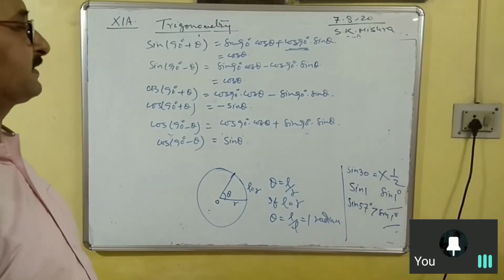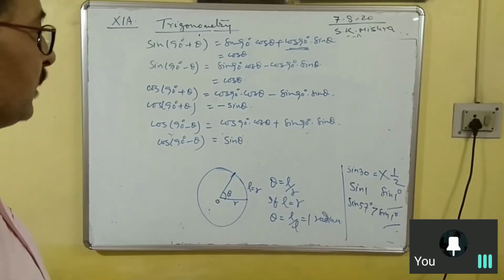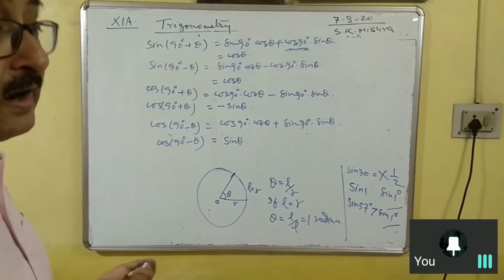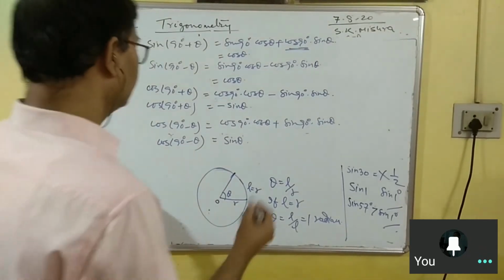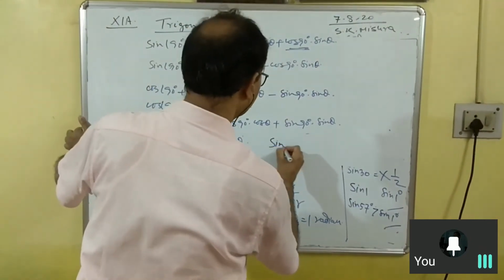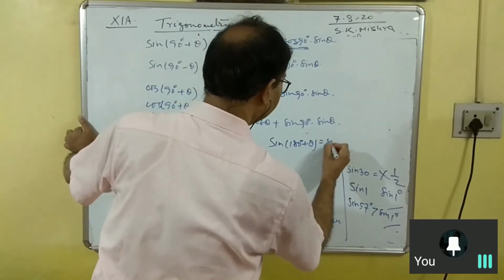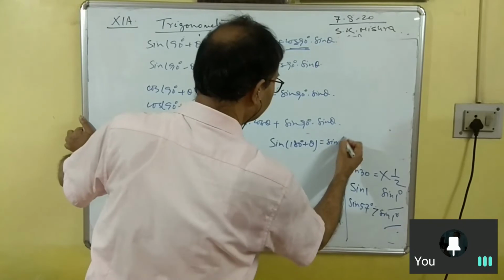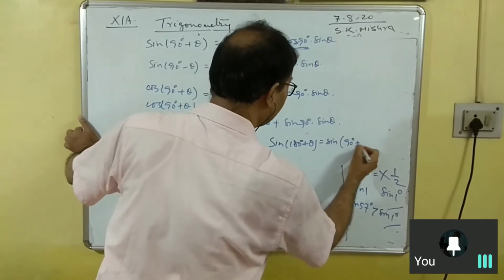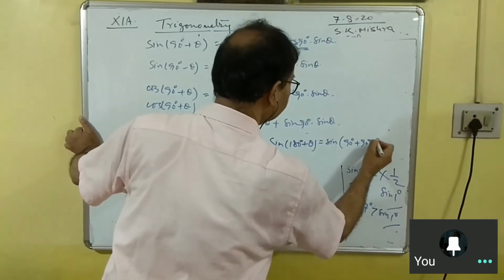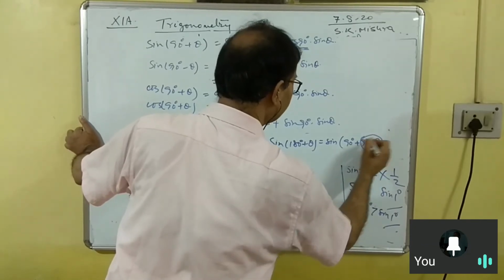Sin 90 plus theta is how much, cos 90 plus theta is how much, sometimes sin 180 plus theta. If I ask you sin 180 plus theta, tell me its value. If you are not remembering the formula, nothing will happen. You can write 90 plus theta and assume this whole as theta.